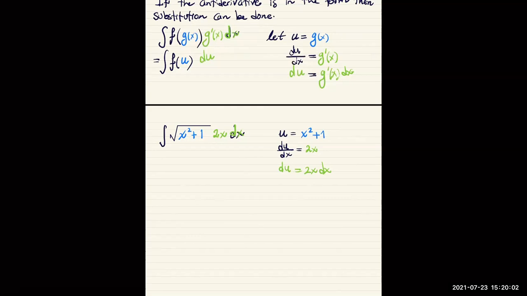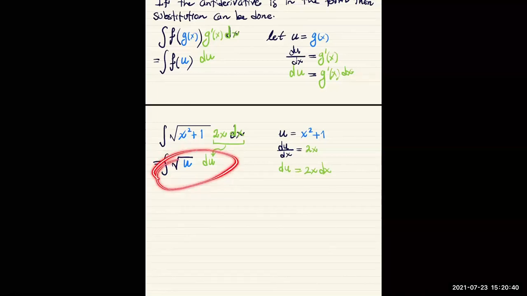Okay, so if I were to rewrite this antiderivative, it's going to be the antiderivative of the square root of u, and then that 2x dx here is simply du. So what happens here is that this integral or antiderivative transforms to an easier antiderivative.